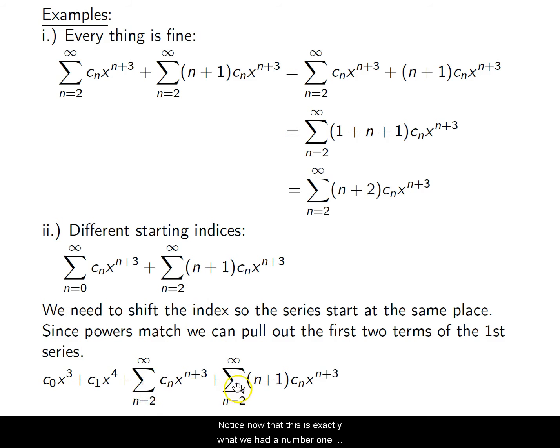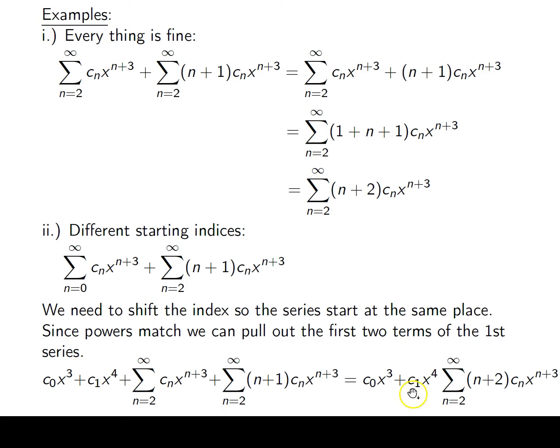Notice now that this is exactly what we had in number 1, so I can replace that with the single sum term. So the 2 terms I pulled out plus the single term. This should be a plus; I guess that disappeared also. Just imagine that there's a plus here. I'll fix that in the write-up. Basically, I'm adding the 2 terms I pulled out plus the single series that I have.